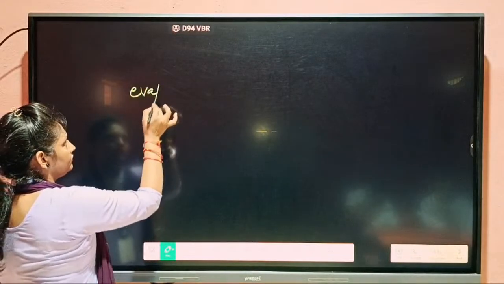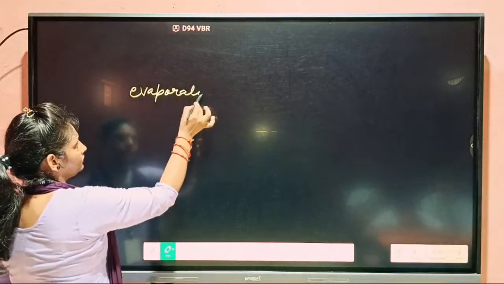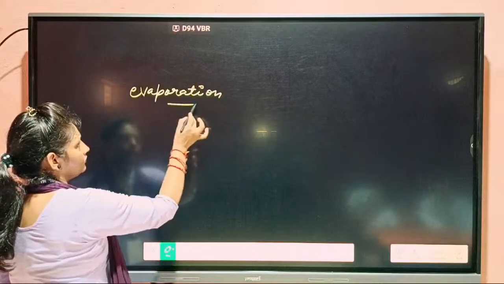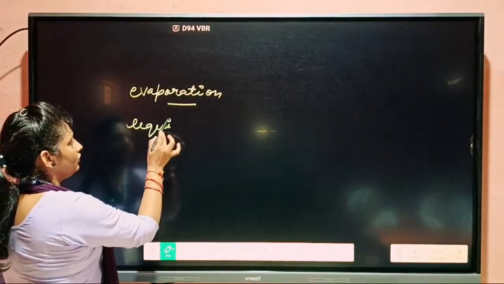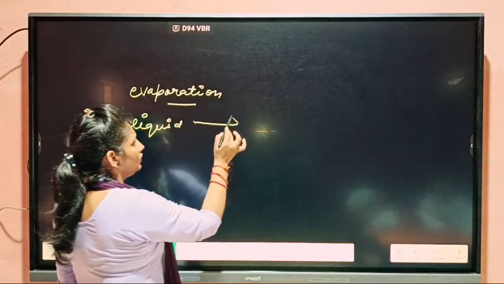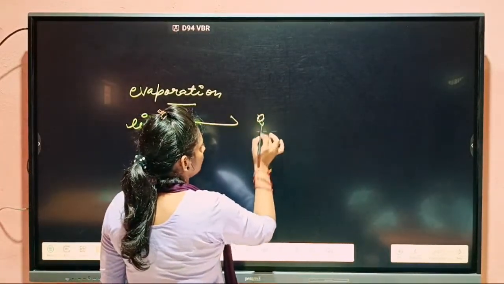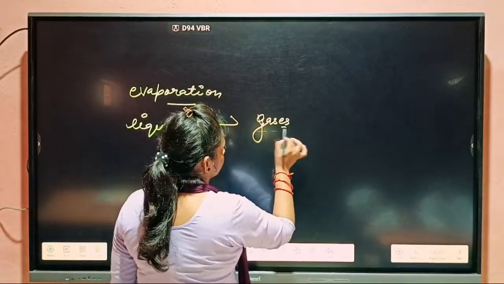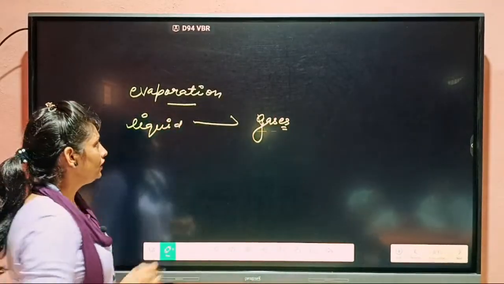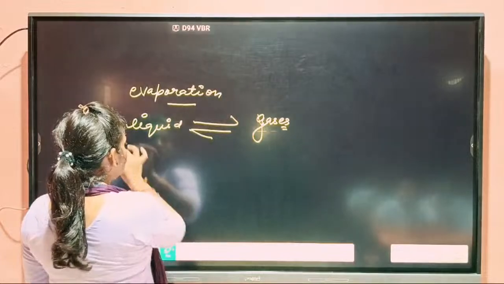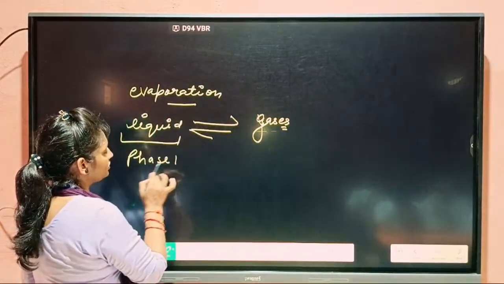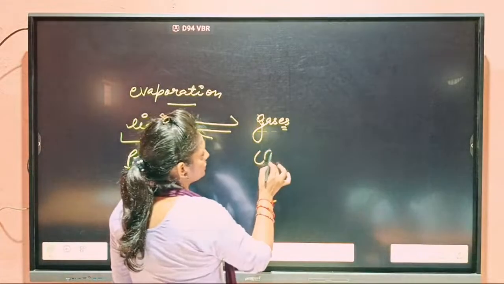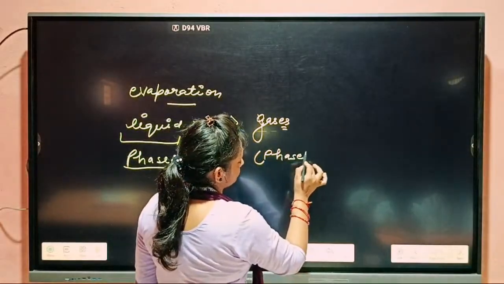Mass of each phase means, if we are talking about evaporation, here liquid is converting into vapors in gaseous form. So two phases are there: one is the liquid phase and the second is the gaseous phase.